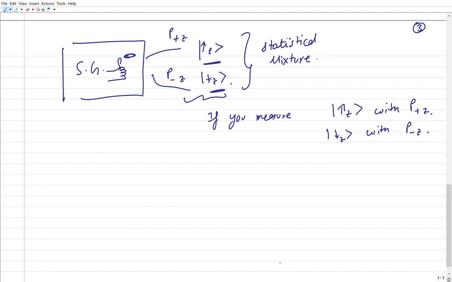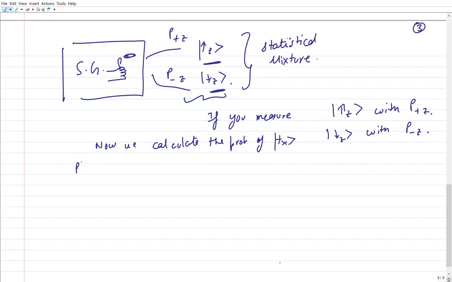So now what happens when we calculate the probability of plus x?